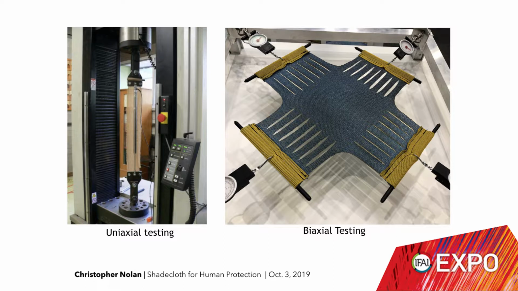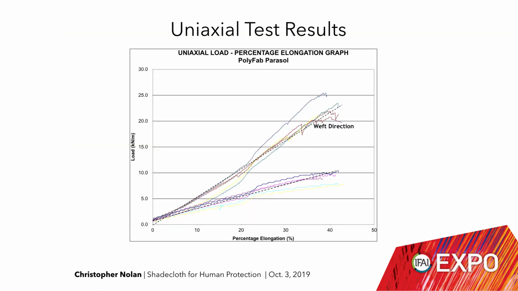If you look at the uniaxial test results, and here we have tests for different colours done at a situation, you can see that the relationship is different first in the weft direction and in the warp direction. Fabric, and this is a tape insert fabric.